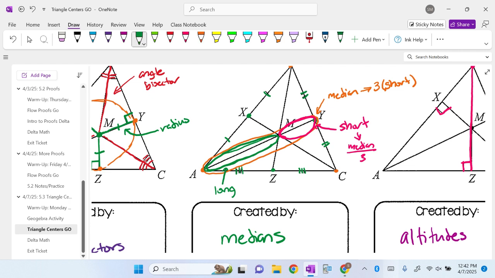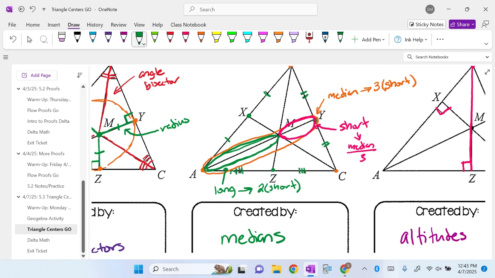And then to find the long, you would just take the short and multiply it by 2. That's all you got to do. And you will be asked those questions. They may give you the median, ask you to find the other two sides. They may give you the short, ask you to find the other two side lengths. All right. So you need to know how to do that.